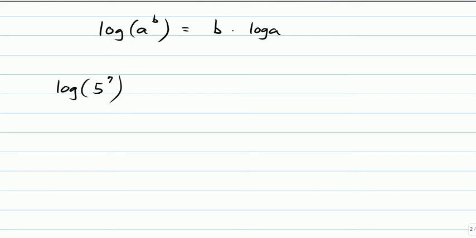Well, fundamentally, log of 5 to the 7th, if you ask kids, well, what's that going to tell me? That's going to tell you that's equal to the exponent you put on 10 to make 5 to the 7th.